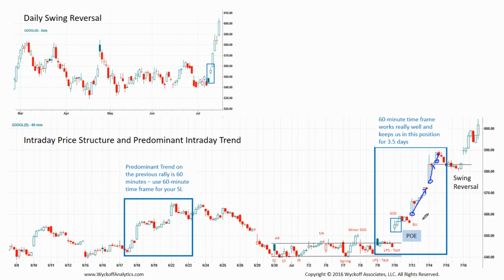Now we would miss a couple of spots here. First of all, we would miss this. We would miss this. And then it's not the fact that we would even participate in all of those 3 trades.